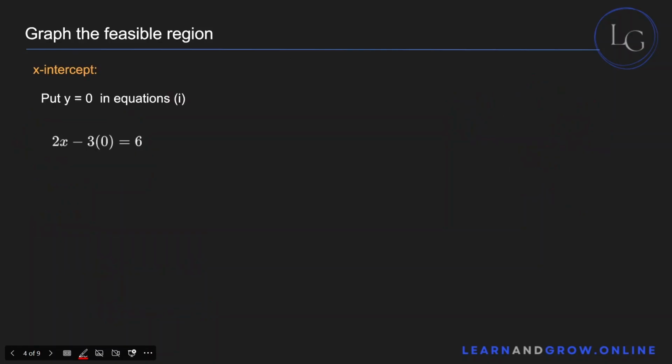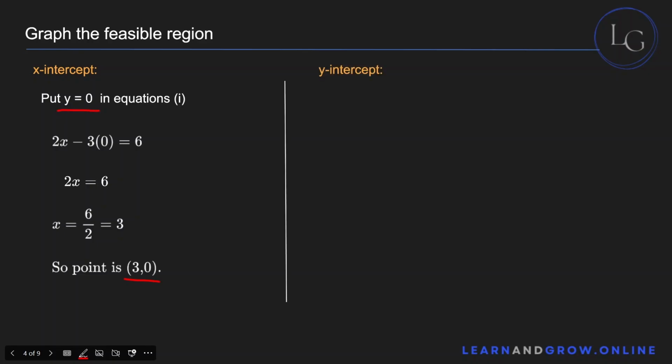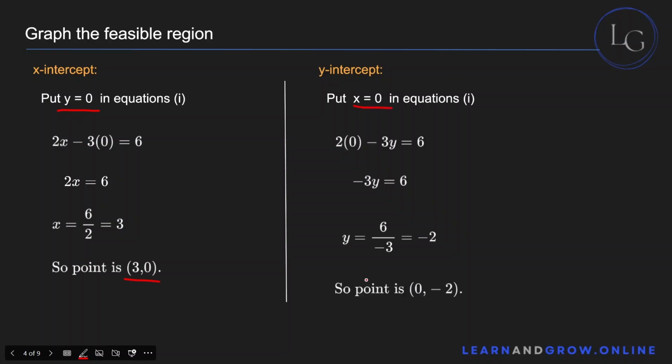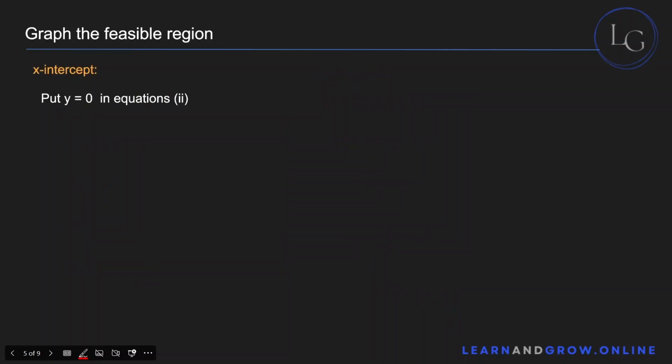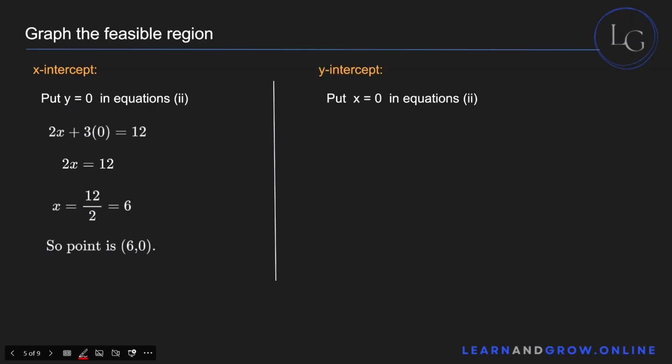Now, standard procedure, find the x-intercept of the first equation, which is just 3, 0, and you get the x-intercept by plugging in y equal to 0 in the equation. Similarly, for the y-intercept, plug in x equal to 0, and you get the y-intercept, which is 0, minus 2. Repeat the same process for the second equation, right? So you get 6, 0 as the x-intercept and 0, 4 as the y-intercept.